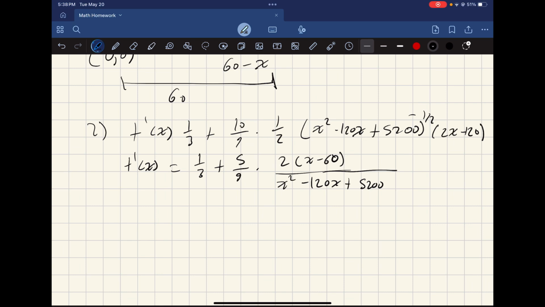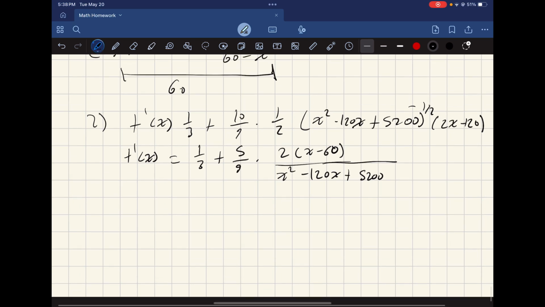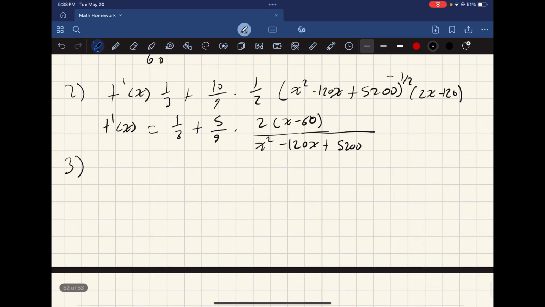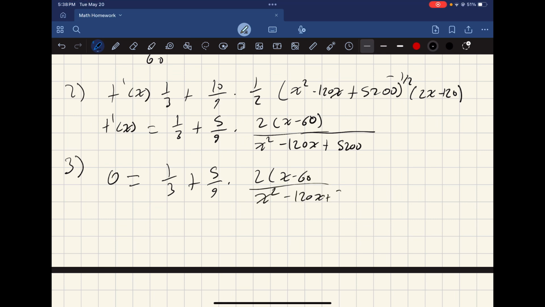All right, so now we have our derivative equation. We want to find the zeros of this equation because those zeros will help us find the distance we need. So we'll set the equation equal to 0. So 0 equals 1 over 3 plus 5 over 9 times (2x minus 60) over the square root of x squared minus 120x plus 5200.